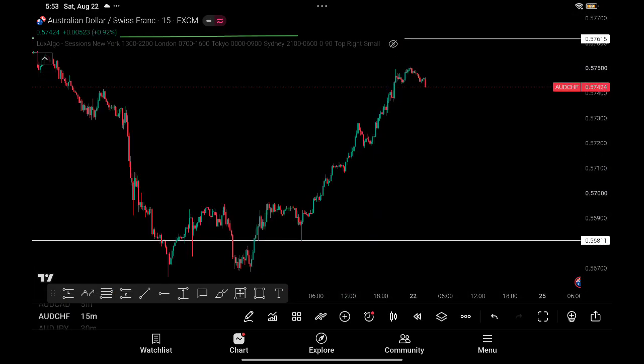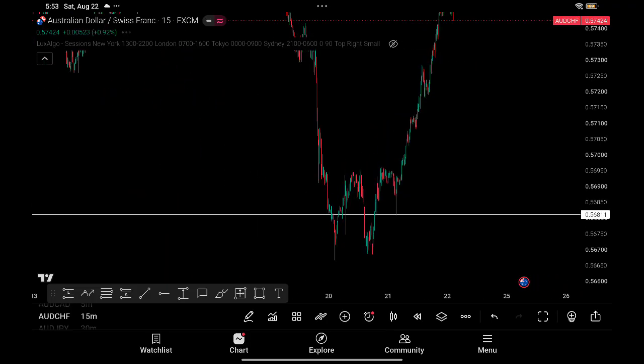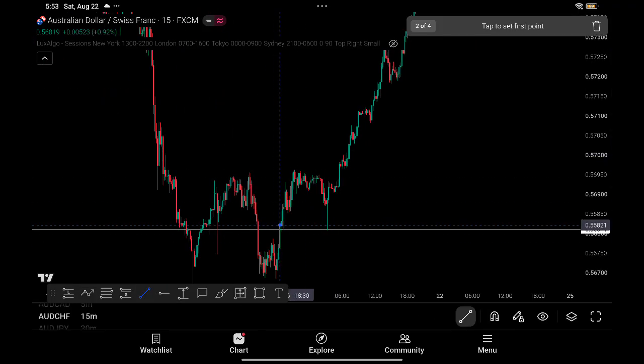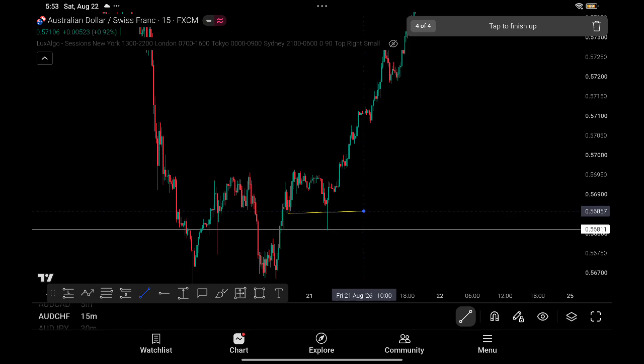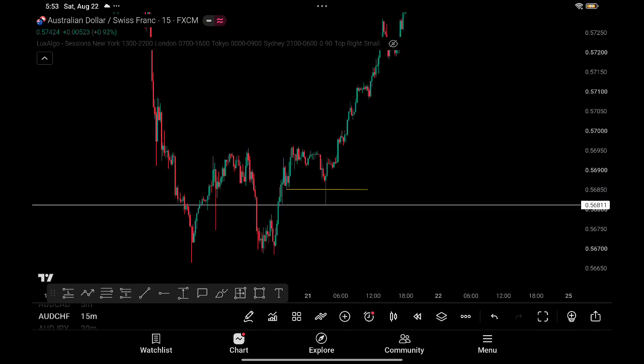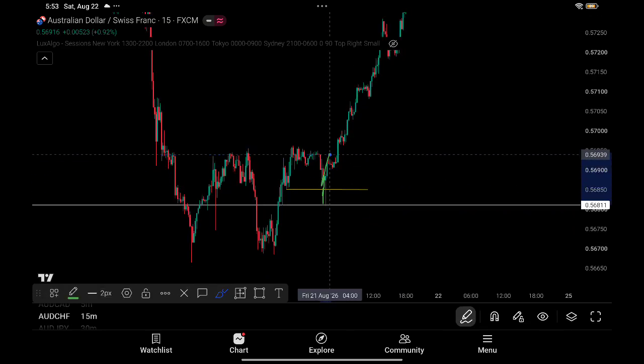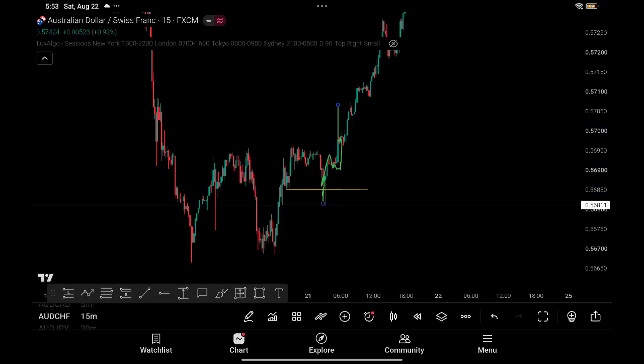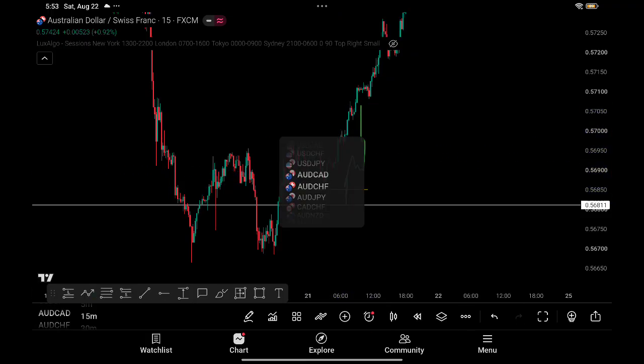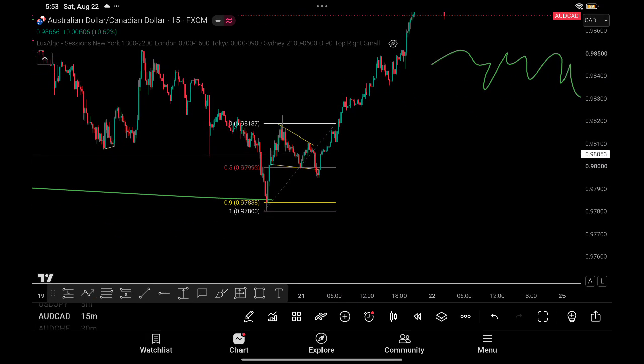But on the next pair, we can clearly see that we just go directly from this point, and as soon as the price moves to the upside, we can look for an insurance entry from there to move to the downside, right? And that same rule applies to this one here.